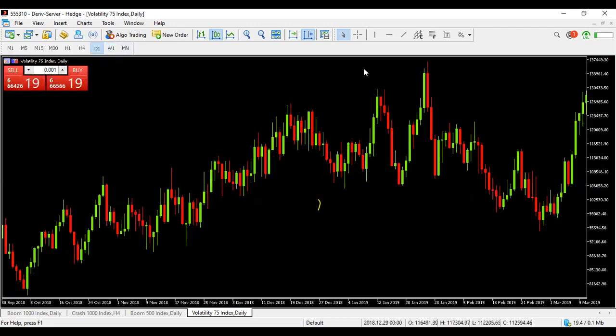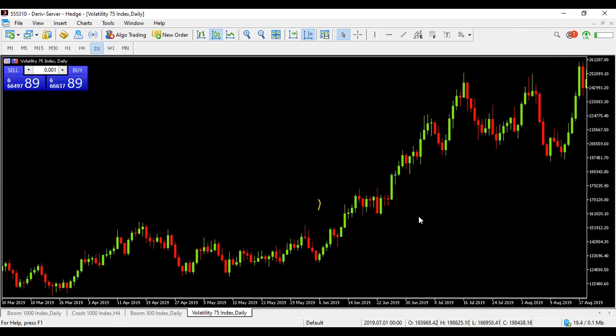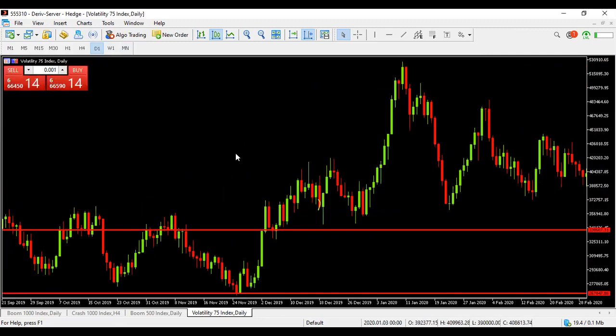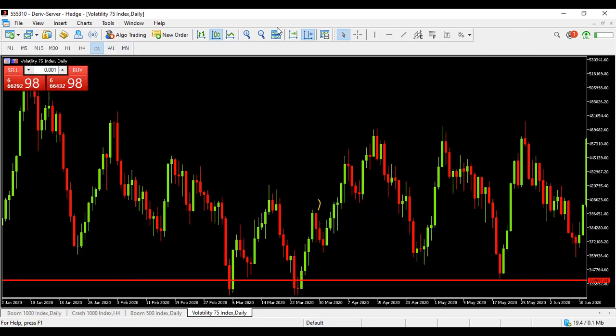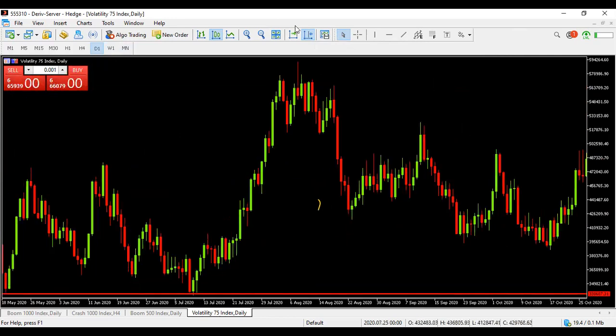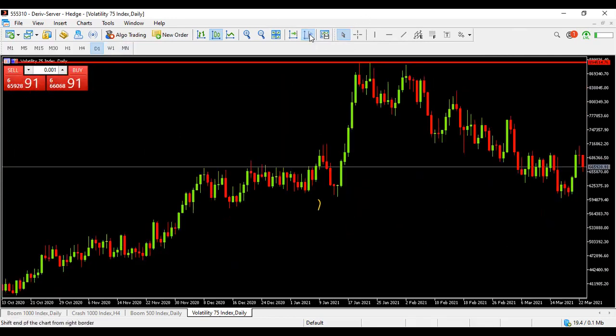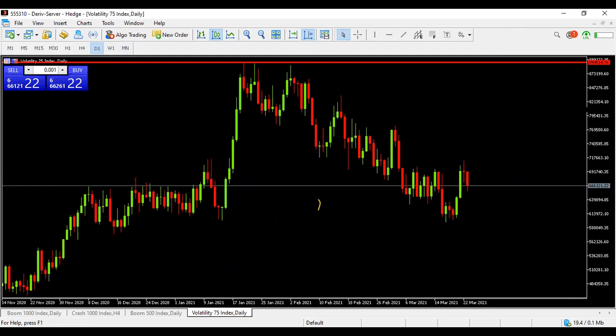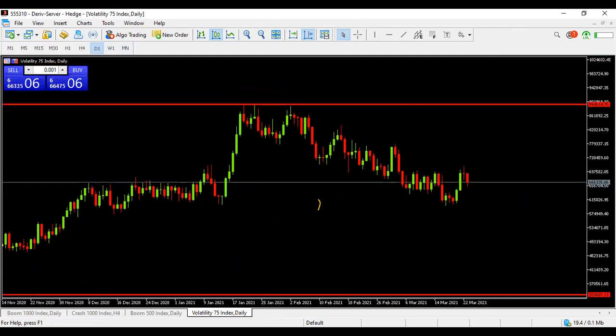Daily time frame is very, very powerful and very, very effective. So for now, I'm going to be working with the daily time frame. Now, if you look at the daily, the market is showing you that the market is a downtrend.